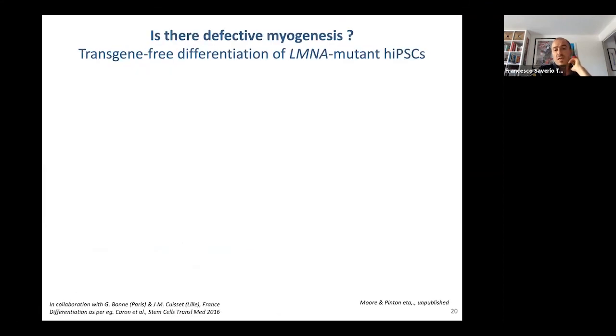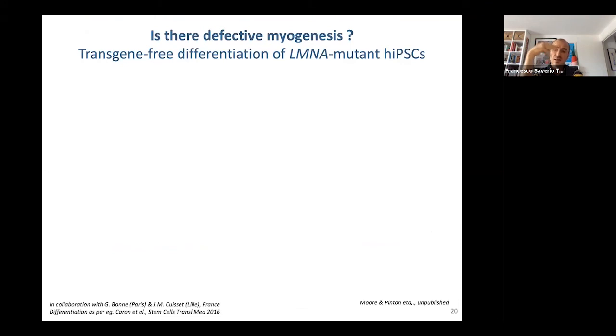So then more recently, and this is a recent unpublished work that we've been doing in the lab in the pre-COVID era, I should say, we also started to ask a critical question here, because most of the work that I showed you so far with the LMNA-mutant disease modeling platform, both in 2D and in 3D, has been done using our transgene-based iPS differentiation protocol.